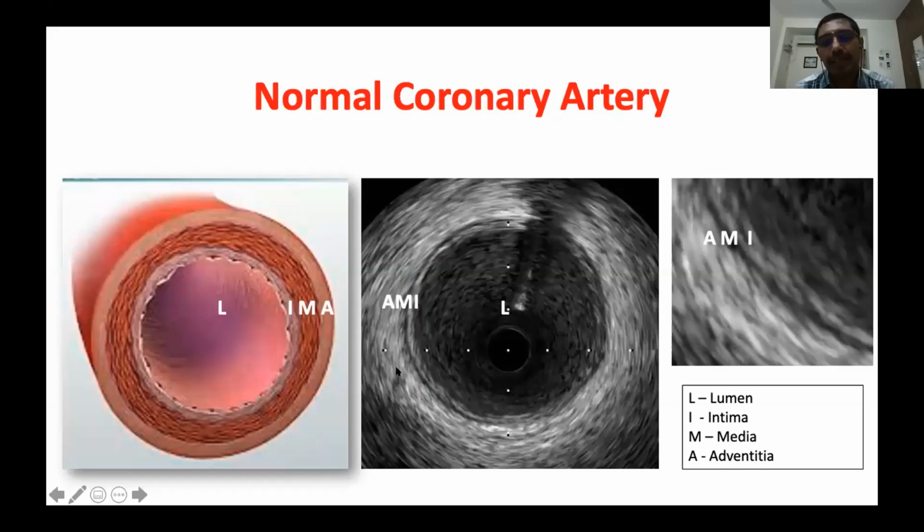The third is the adventitia, rich in collagen, which brightly reflects the sound, so again a brighter structure. So it forms a brighter inner layer, the intima, a darker middle layer, the media, and an outer bright layer, the adventitia. Bright, dark, bright, that is the normal appearance of the vessel wall on IVUS imaging.